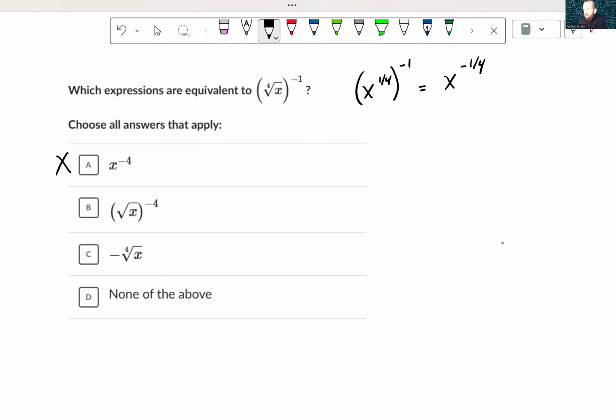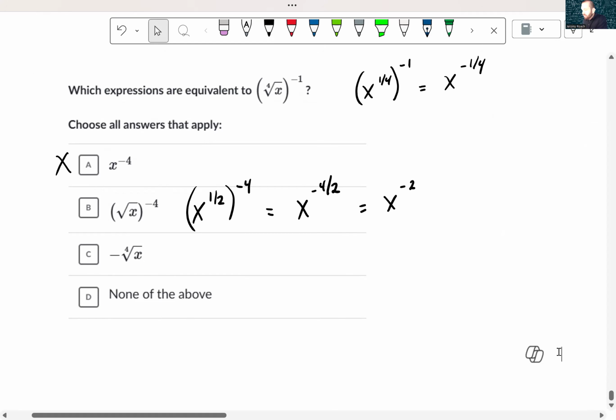B is saying x to the 1/2 power to the -4 power. And so if we multiply that, we would get x to the -4 over 2. And I know that's not correct, but let's continue to simplify this. We would get x to the -2 for our final answer.